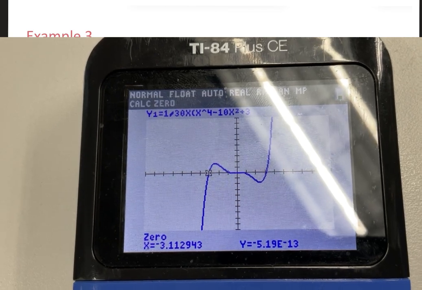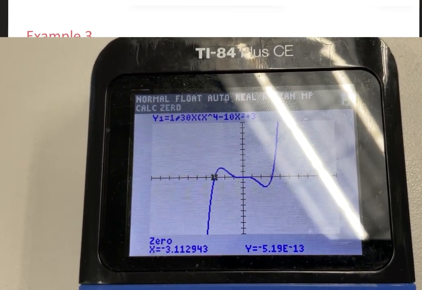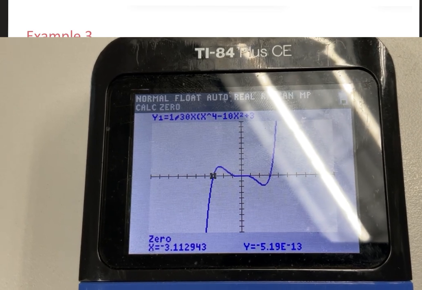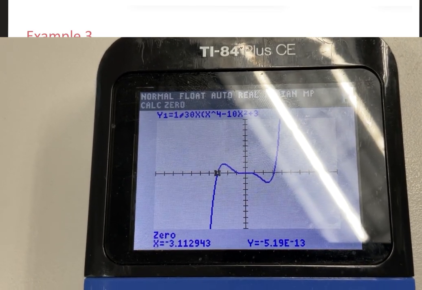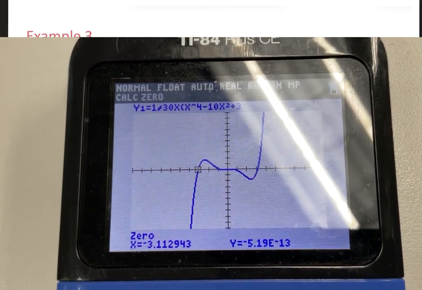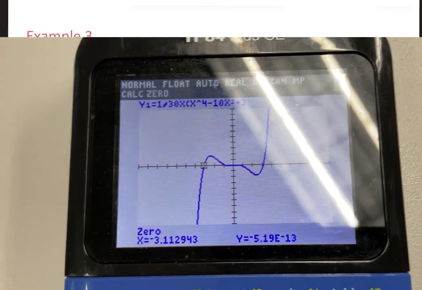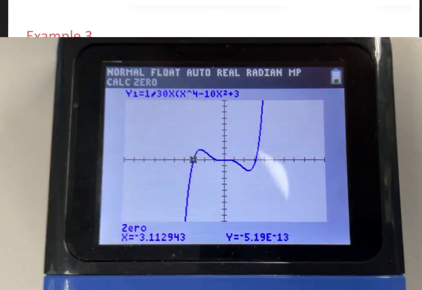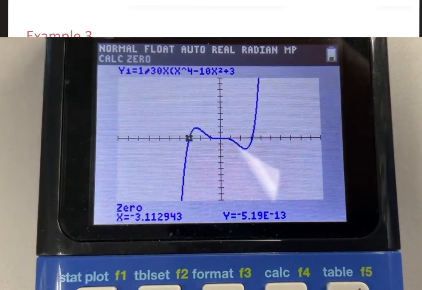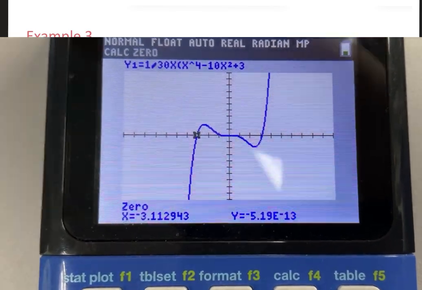If I had to round 0.000000000, I've lost count, 513, what's that going to round to? 0. This is a 0, okay? So that's my first 0, which was negative 3.1129, and we're going to round to 3 decimal places, which means this is good, negative 3.113.